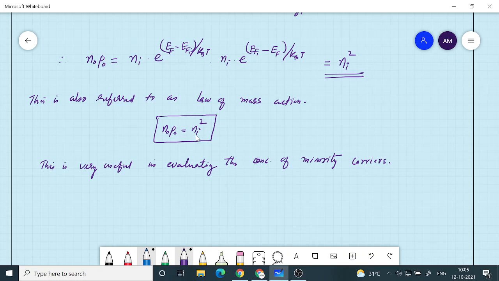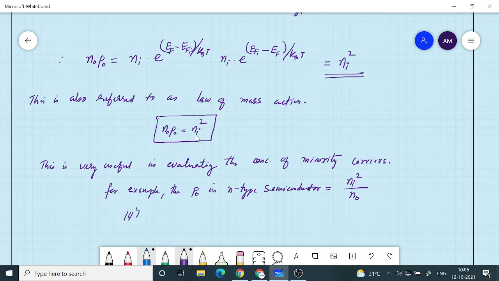So the concentration of minority carrier you can know, for example, the concentration of holes P0 in N-type semiconductor is going to be equal to Ni square by N0.